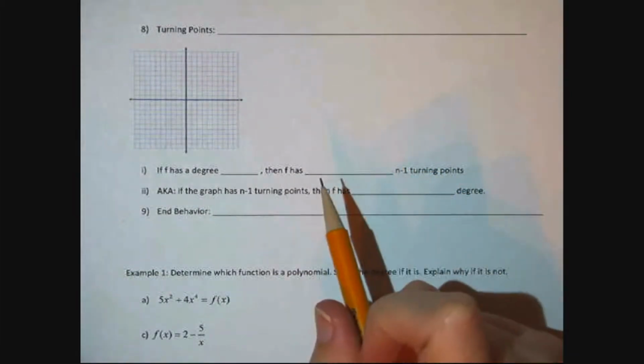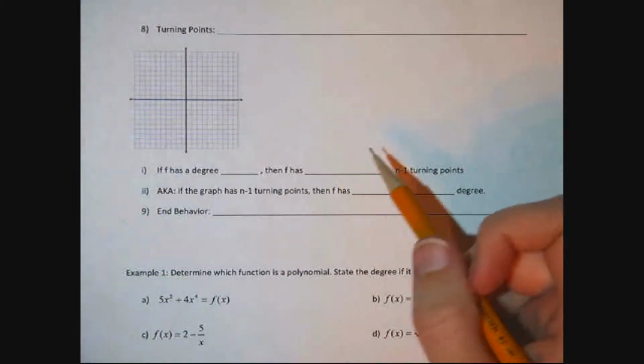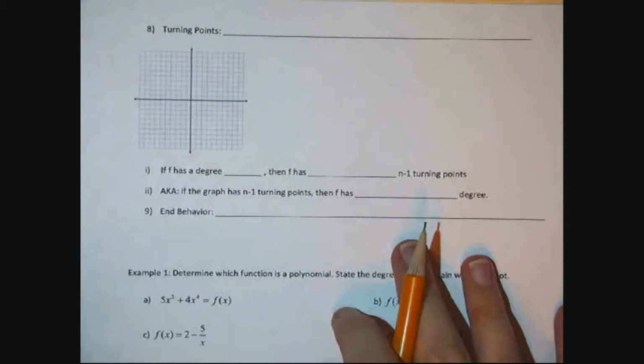Okay, so if you start at vocab number 8, we have turning points.